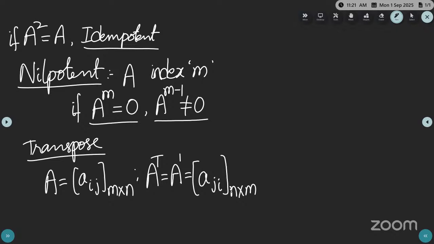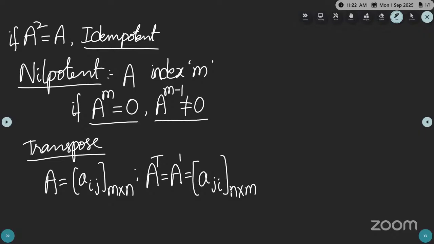So Aij will become Aji. Number of rows will become number of columns, and number of columns will become number of rows. Okay, that is the transpose of a matrix.